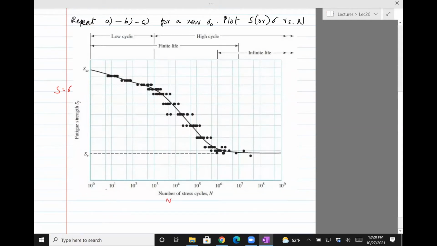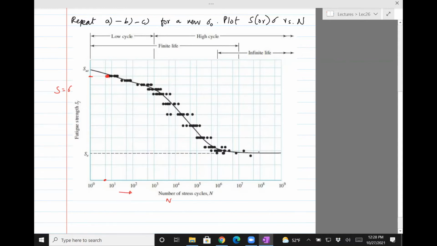So for example, for a particular material, when you choose a stress of this value on the y-axis, it fails at about 5 cycles. And then as you keep decreasing the strength, it can sustain more and more cycles till it fails.